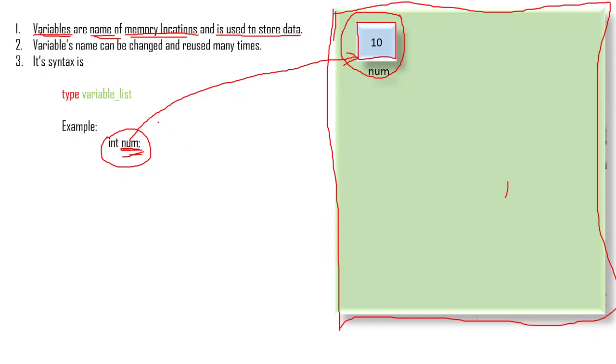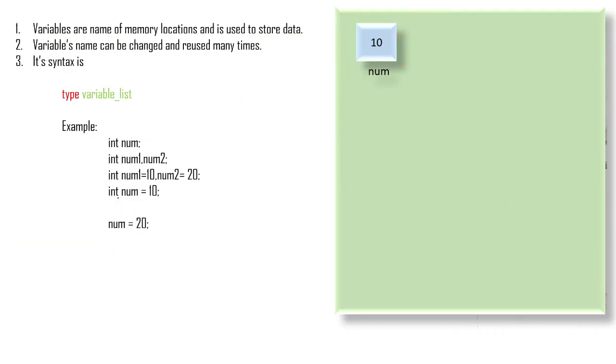If we write num is equal to 10, then this value 10 will be stored in this memory location with the name num.